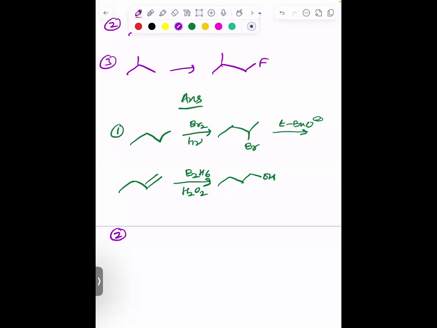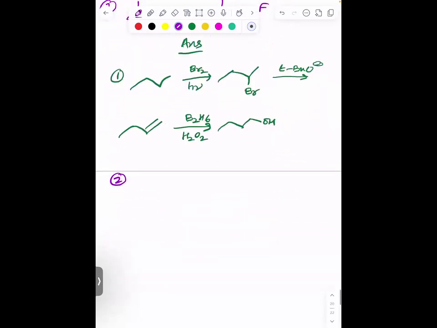Next, again, propane, we can apply only bromination to form 2-bromopropane, alcoholic OH, then hydrogen bromide.